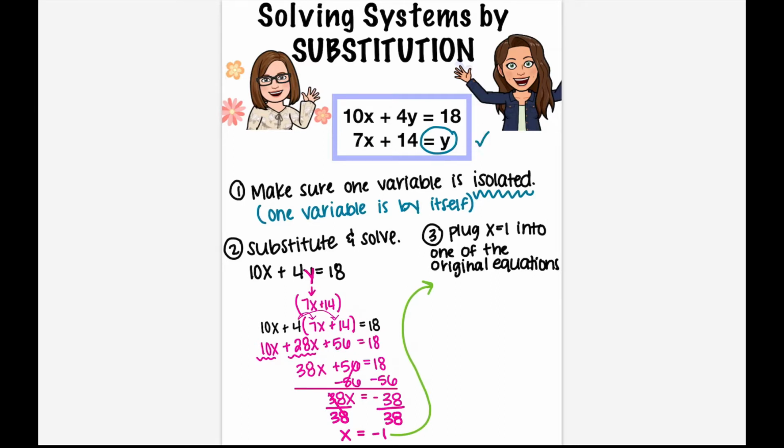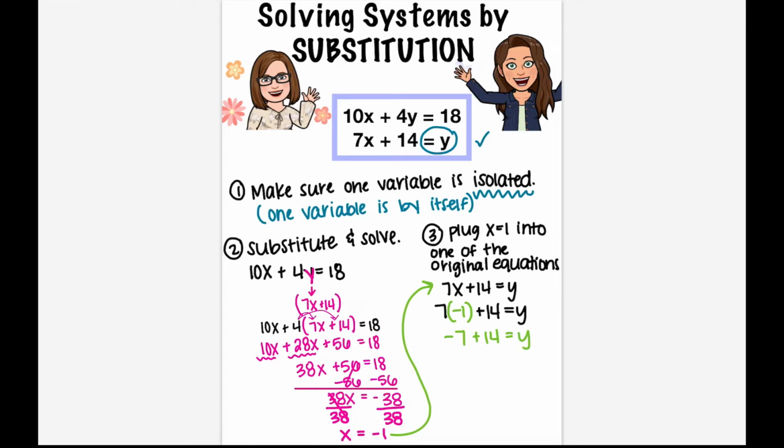Since we've already found x, it would be helpful to plug x equals negative 1 into the second equation since we want to know what y is now. So let's take 7x plus 14 equals y. And I know that x is equal to negative 1 now. So I'm going to plug in negative 1 for x and simplify.